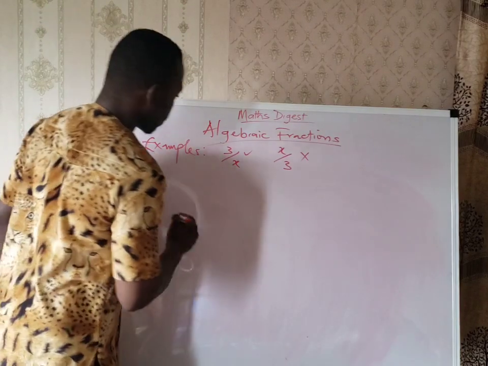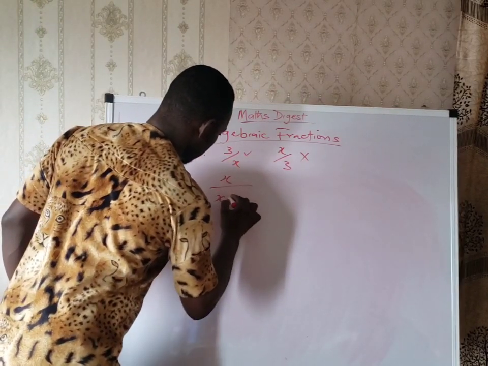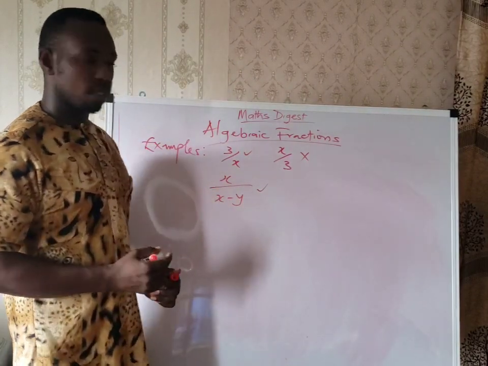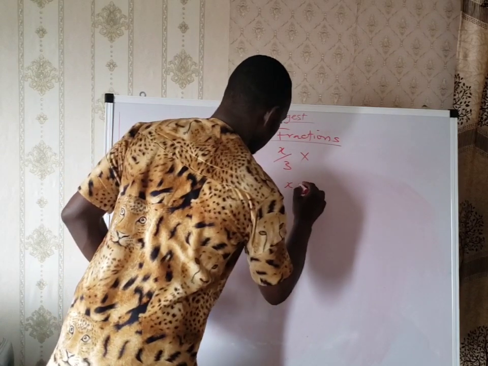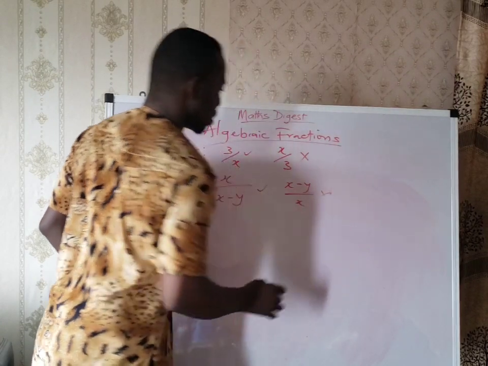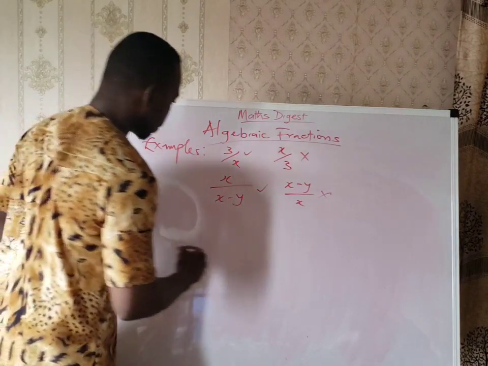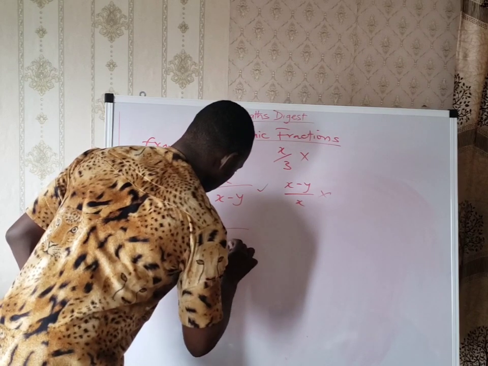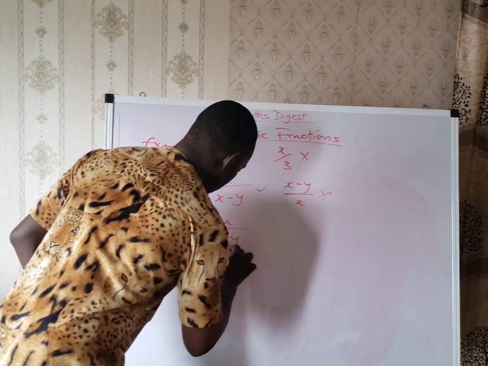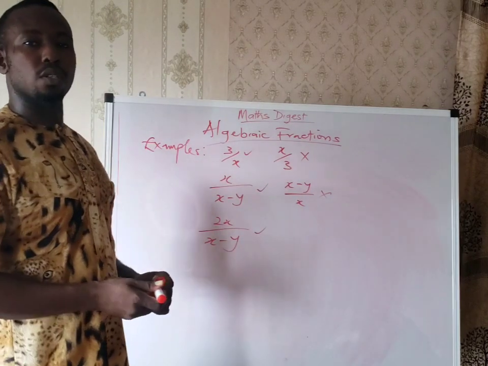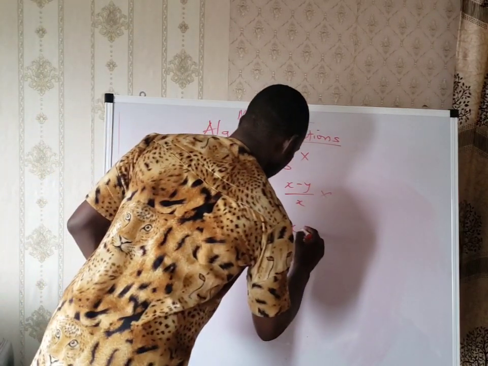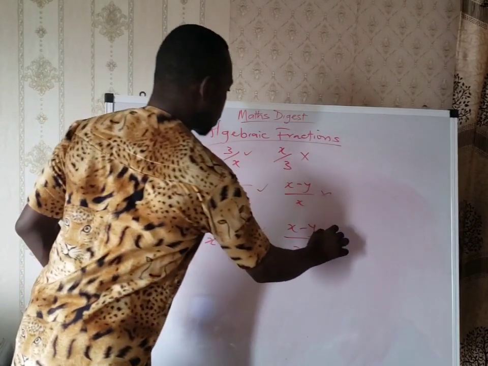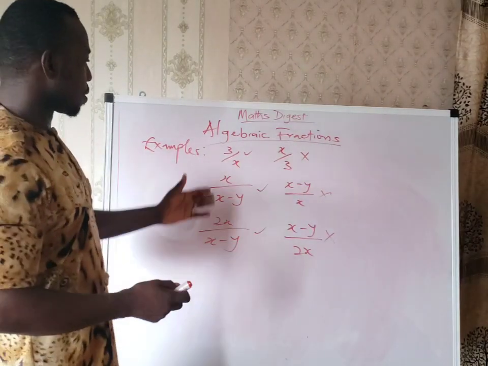Okay? This is an algebraic fraction. This is not. Okay? This is an algebraic fraction. Why is this not? So these are comparisons, okay?